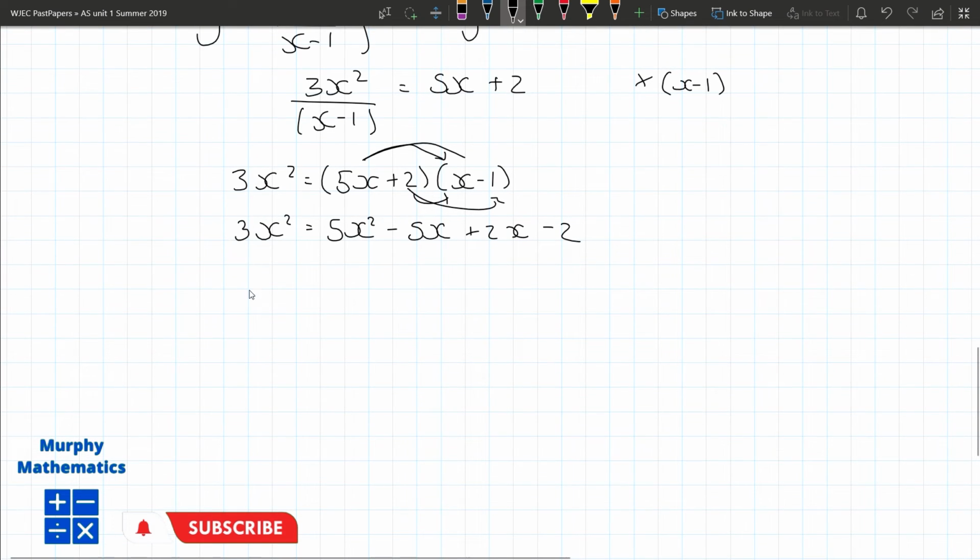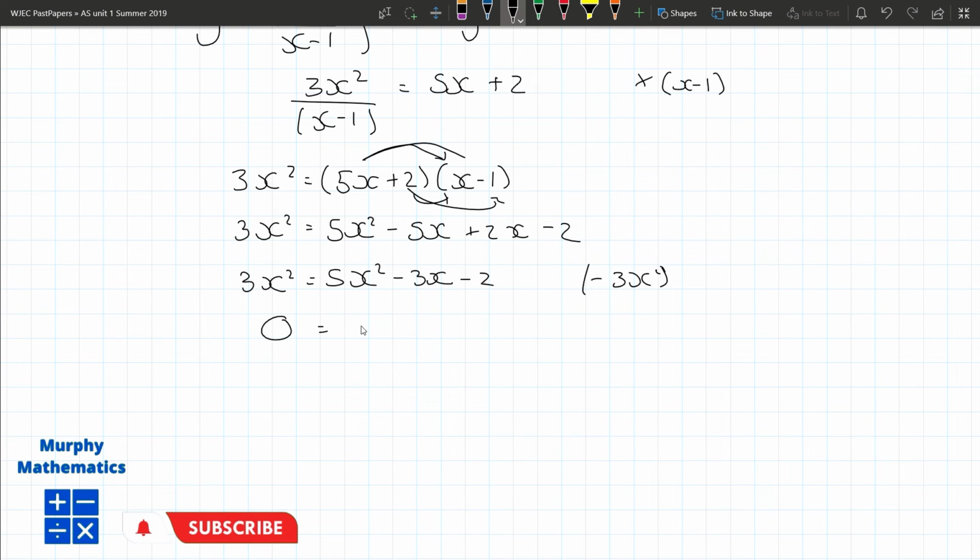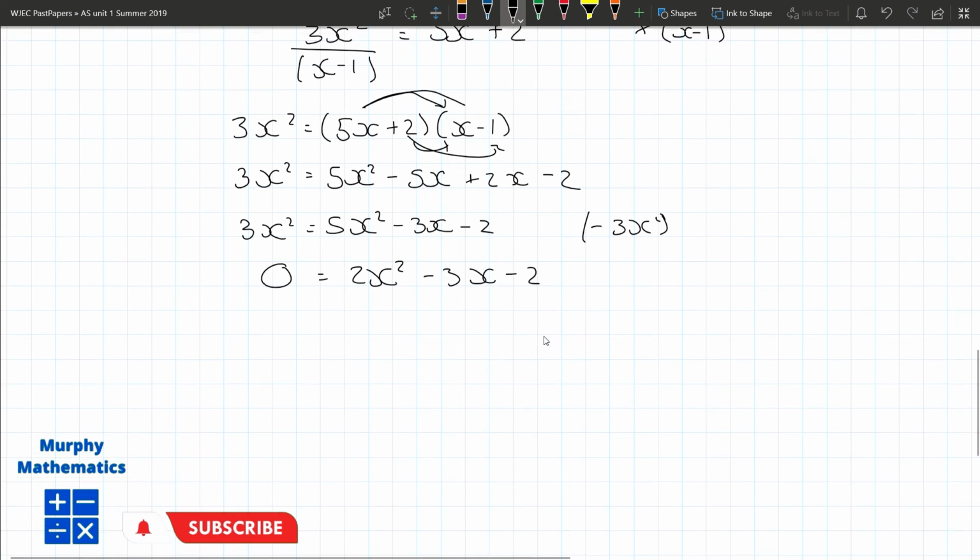Okay, collecting like terms, I'm going to have 3x squared equals 5x squared minus 3x minus 2. And I'm going to take this 3x squared to the other side, just so I'm keeping a positive coefficient of x squared. So minus 3x squared both sides. I'm going to have 0 equals 2x squared minus 3x minus 2, and we can see that we've got a quadratic.